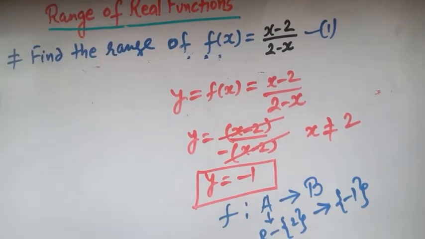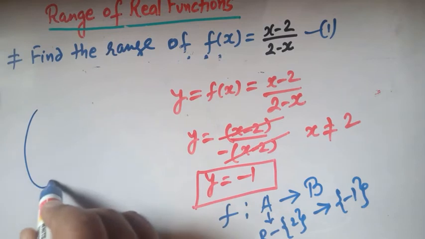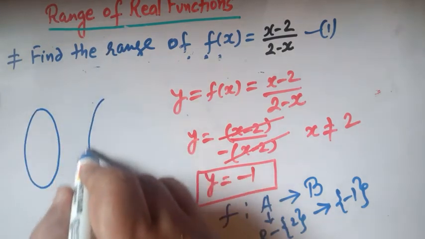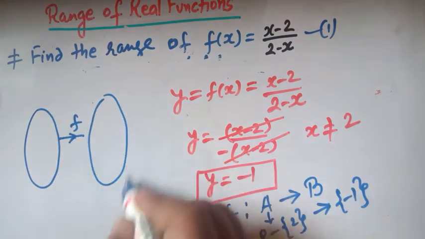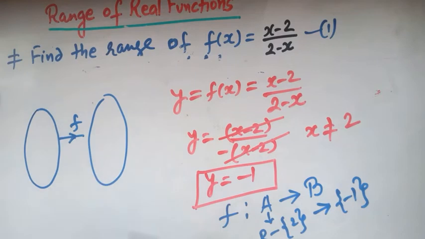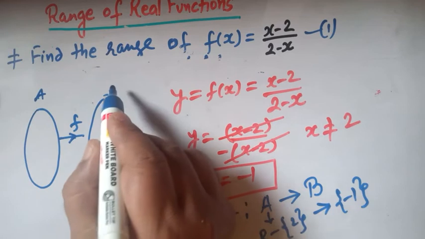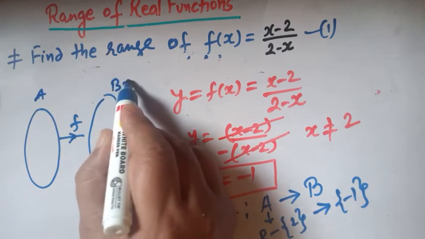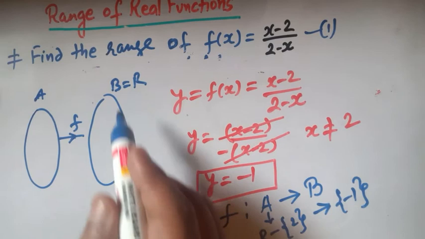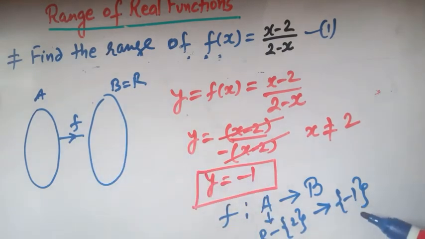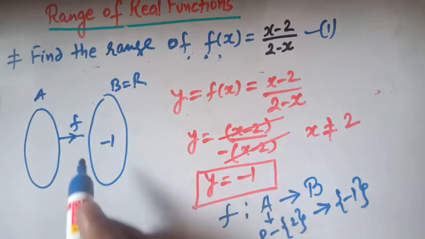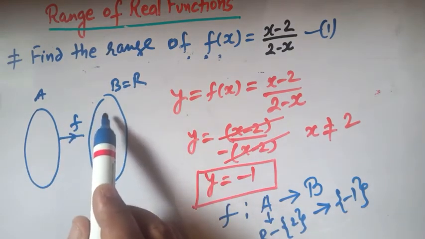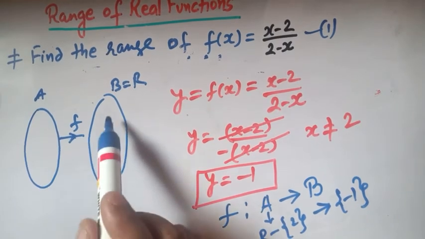So in terms of a diagram, if we have this set as A and this set as B, and this is the function f, here we have the set A, and this is the set B, say consisting of all real numbers, and since we have the range set as minus 1 only, here we'll have minus 1, and the other real numbers will be lying along with minus 1.